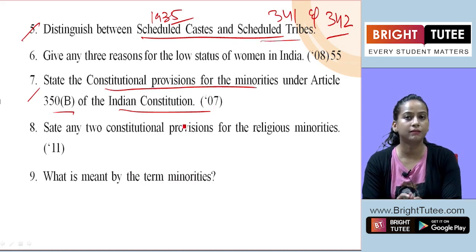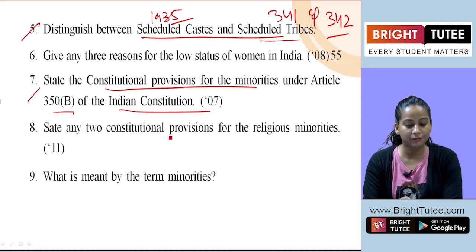So here we can say that the provision given for the protection of these minorities is related to a provision for a special officer for linguistic minorities to investigate all the matters relating to their safeguard provided in linguistic minorities. So here the officer has been appointed for looking into the matters related to these minorities, and that has been already mentioned in our constitution.